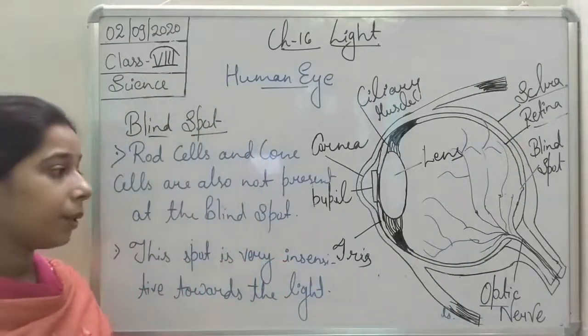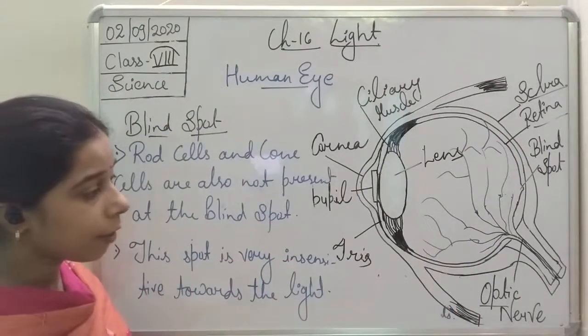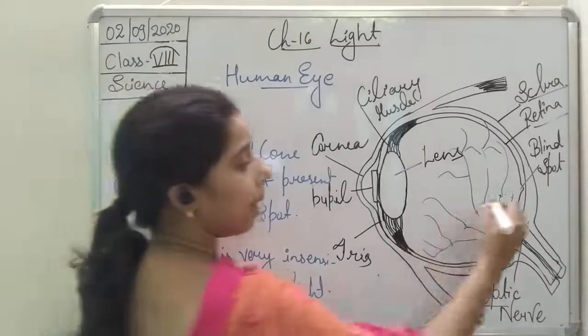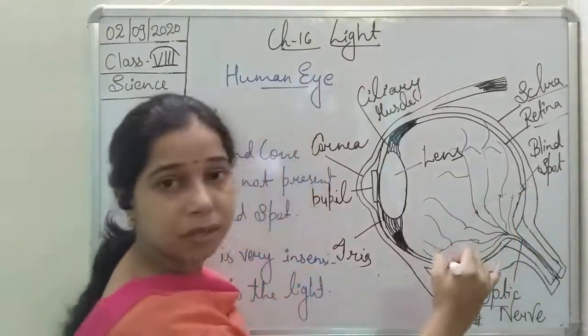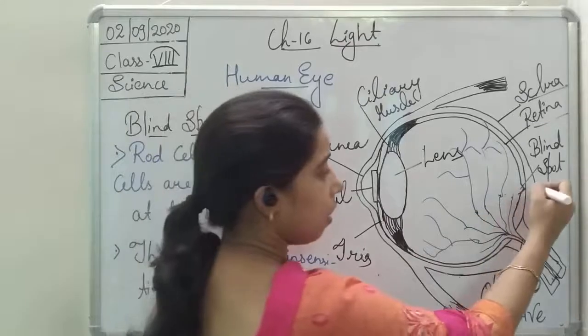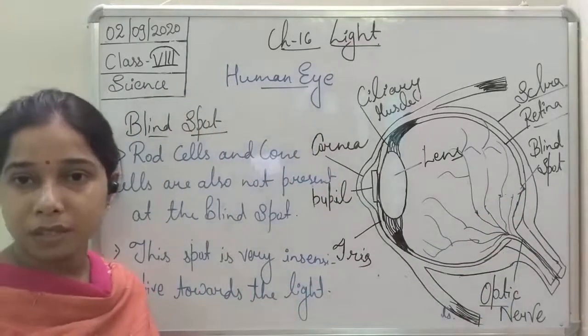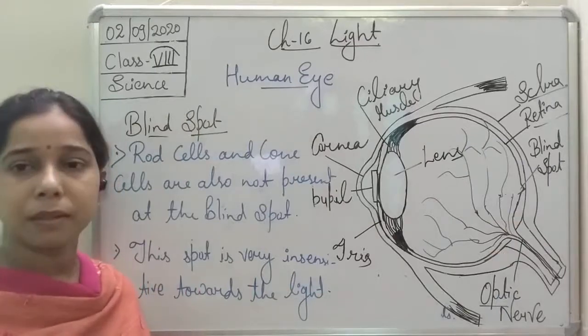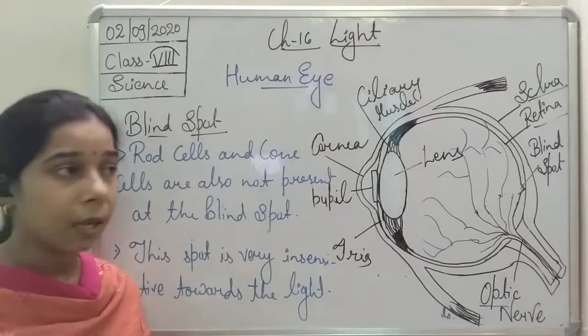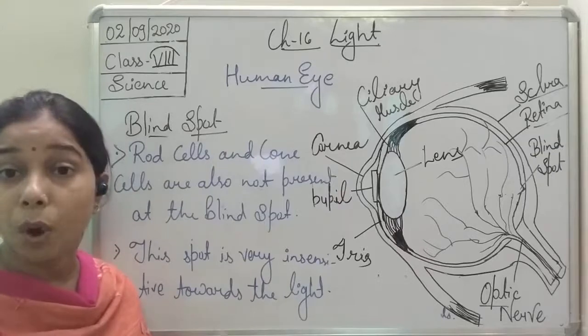And this optic nerve is there, students, and finally a blind spot. You can see a spot, a depression, and that is the blind spot which is present below the retina, from where the optic nerve starts. It helps in connecting the retina to the optic nerve.